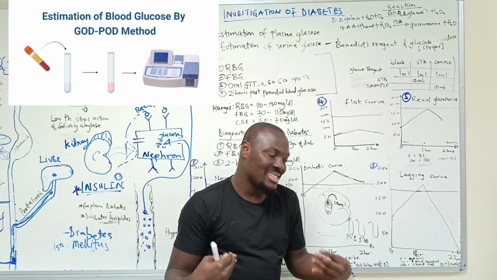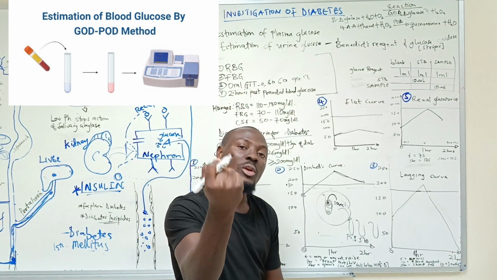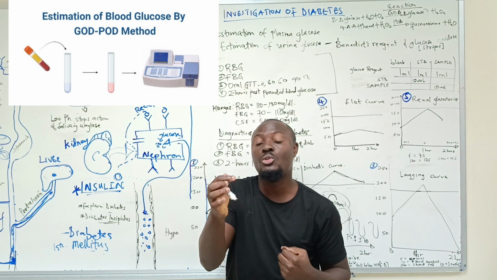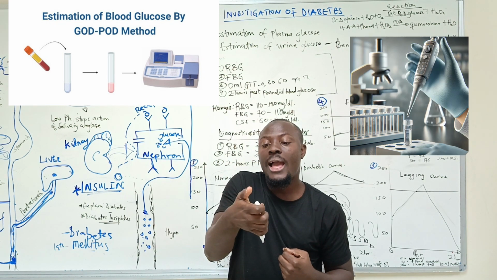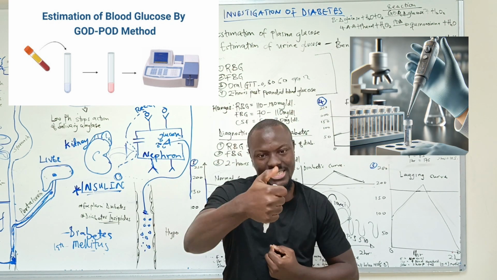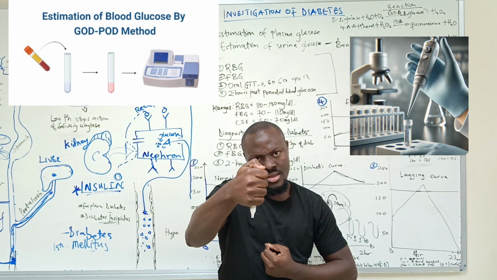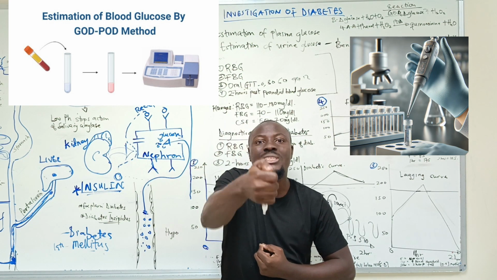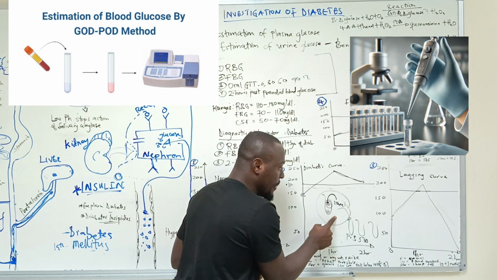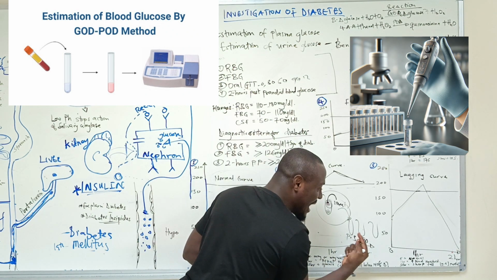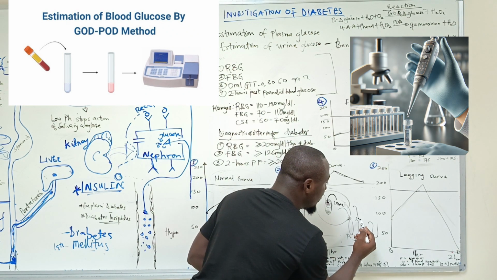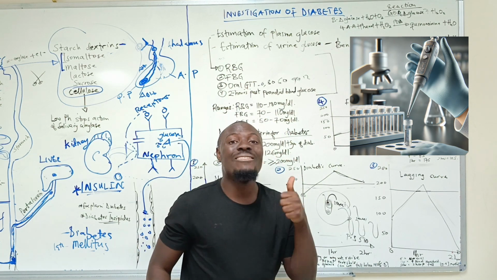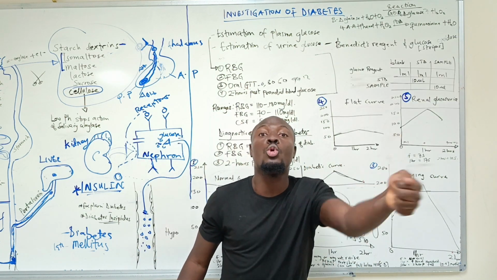When they bring in the standard, we take 10 microliters. 10 microliters is very, very small, so we use a particular type of equipment called a micropipette. It is something that we press in, and we can leave it to come out again. We use that to take the measurement, both for the plasma sample and for the standard that we prepare. Then we have a reagent called the glucose reagent.